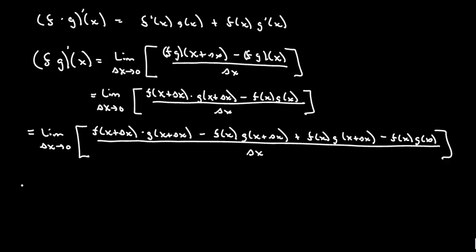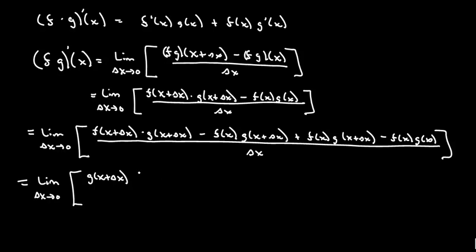Okay, now watch. It's been a while since I've done this proof, so let's see if I got this correct here. On the first set, I'm going to factor out a g of x plus delta x. Now g of x plus delta x exists, and so does f of x; these are actual numbers, they're defined here.